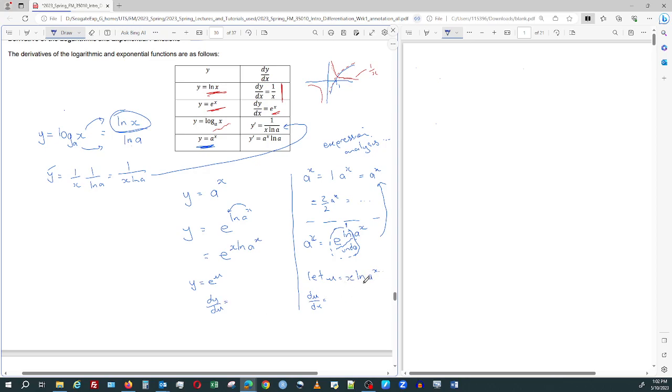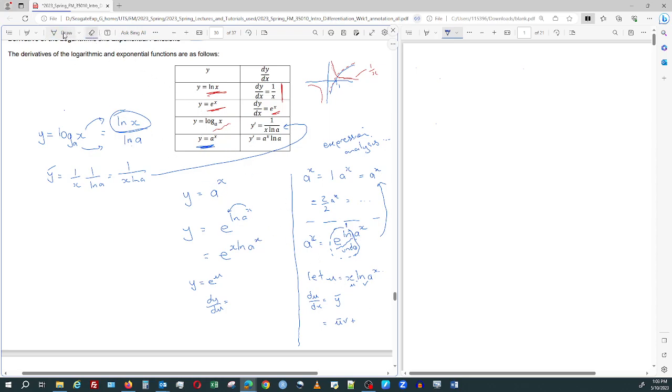Now this one over here is a little bit complicated because it's a product, isn't it? It's a product in this part here. So we're going to go ahead and treat that like a product. So that would be y dash, and of course what that means is that y dash would be equal to u dash v plus u v dash.